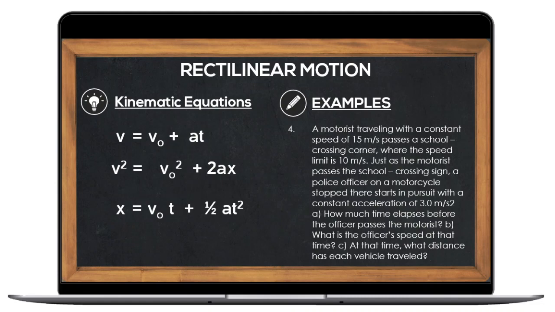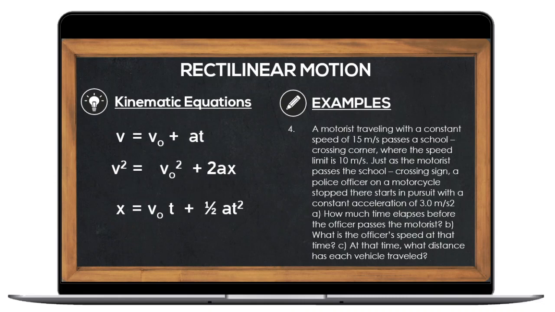So in this case, when we talk about passes or overtake, it means that they are at the same position. Okay, so since the motorist is running at a constant speed, whereas the police officer is accelerating, he is increasing his speed at a constant rate. Therefore, at that specific time, the officer is about to overtake.